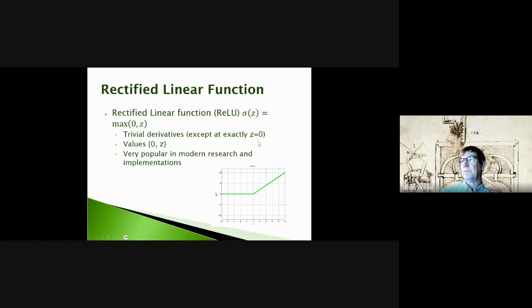But you're very rarely going to end up with values at exactly 0, so you can make some approximations there and just assume either 0 or 1. It produces values from 0 to z. It's gained a lot of popularity in both research and implementations.